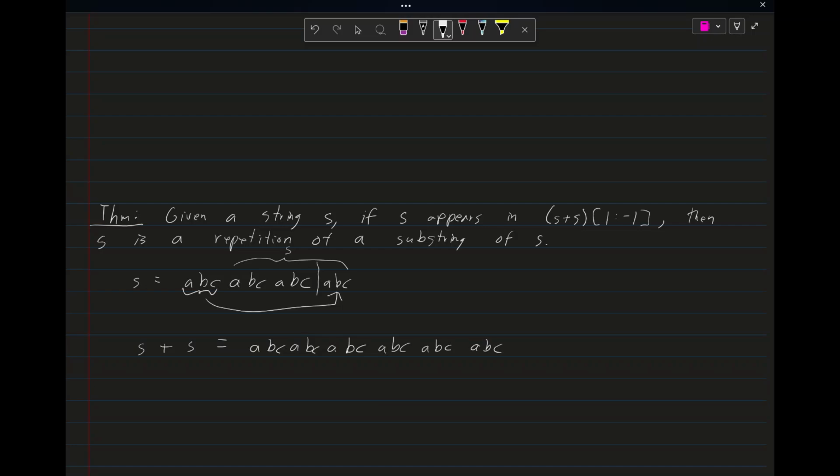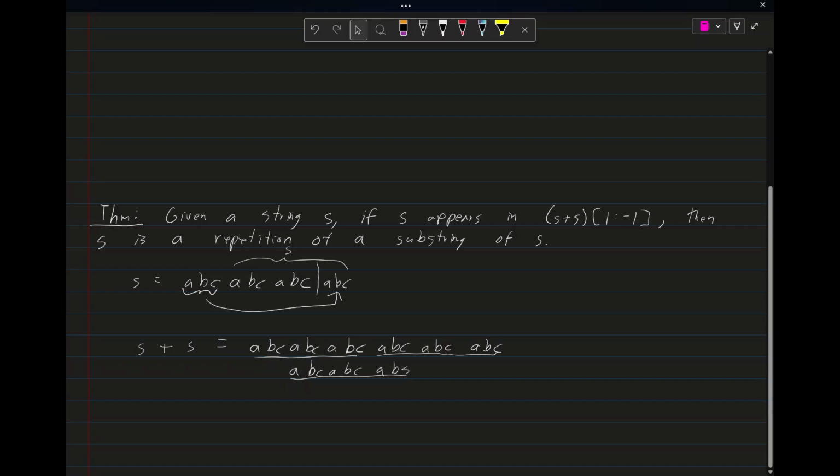And what you could do is have S start here, so that you've got one copy of S here and one copy of S here, but then you've got another copy of S here which appears as a substring of the doubled copy of S.